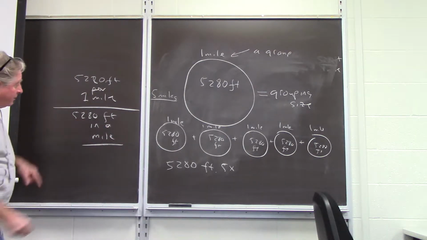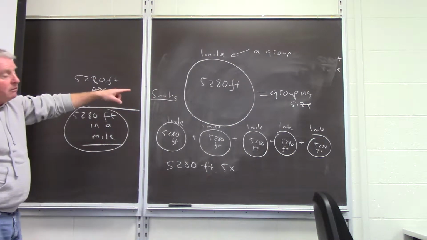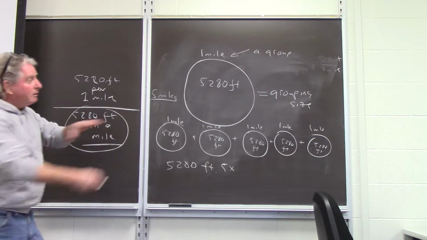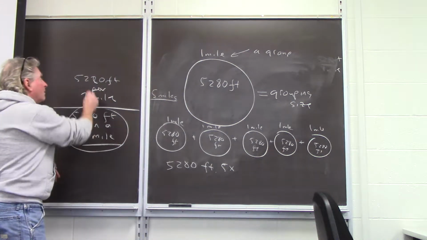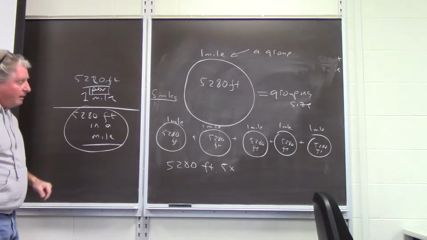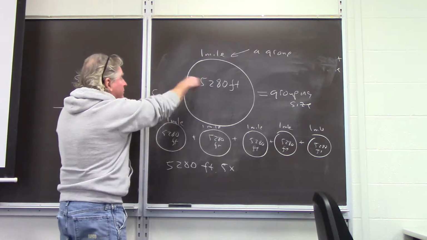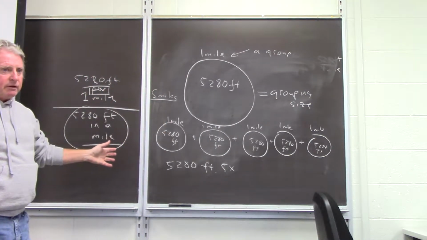Now, if you notice, this statement right here looks like that. There's 5,280 feet in 1 mile. See, this is inside 1 mile. Per basically means in a mile, in. So this ratio here is what typically is called a conversion factor.